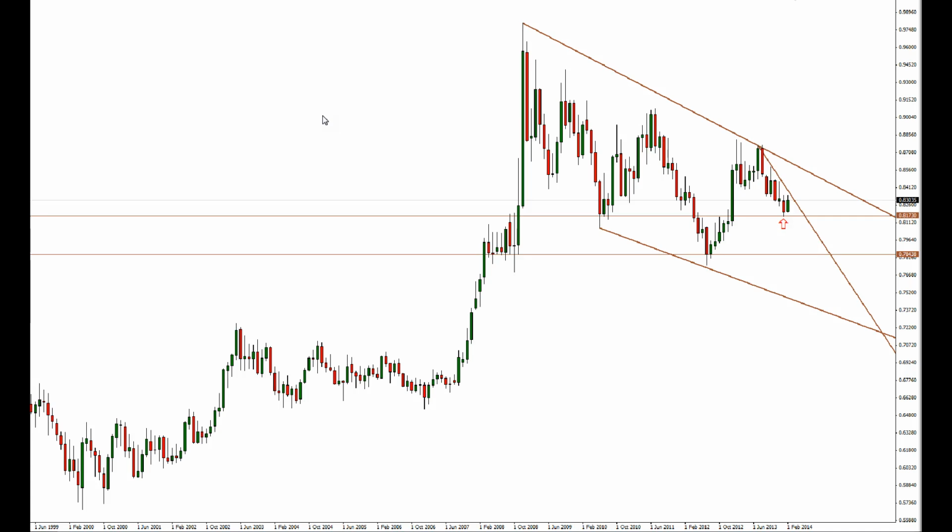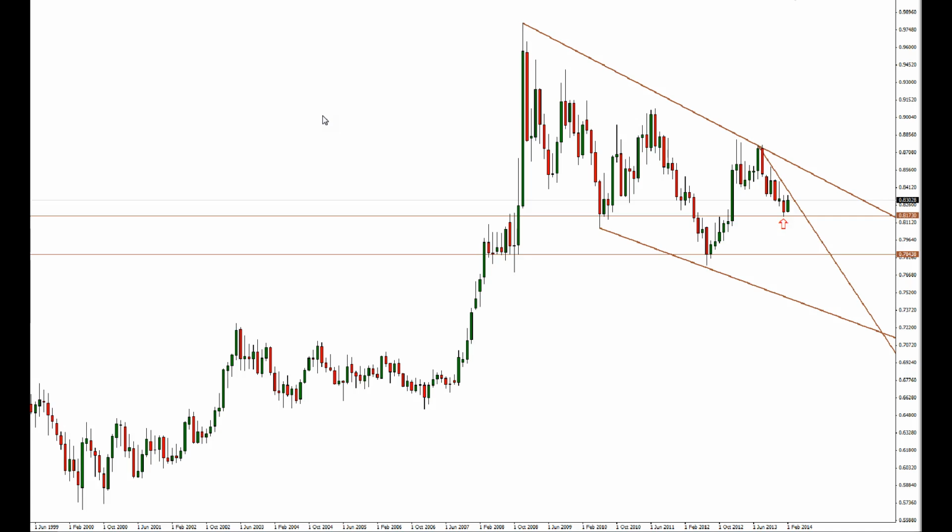If we are watching the chart, we are seeing that the price is still doing lower low, lower high. So this is a very strong information about the bearish side, about the sellers.